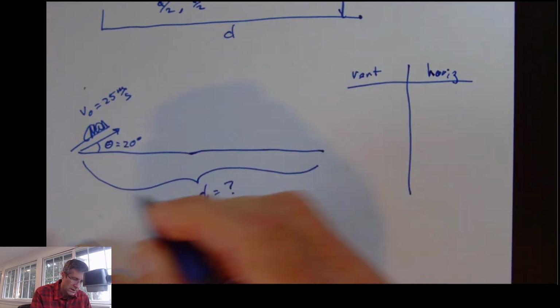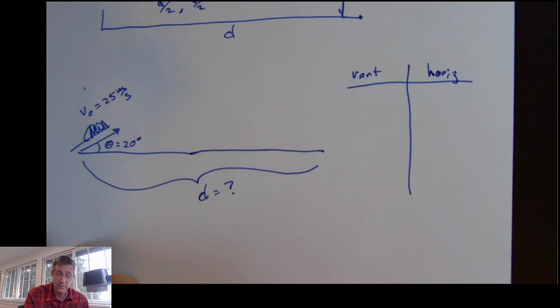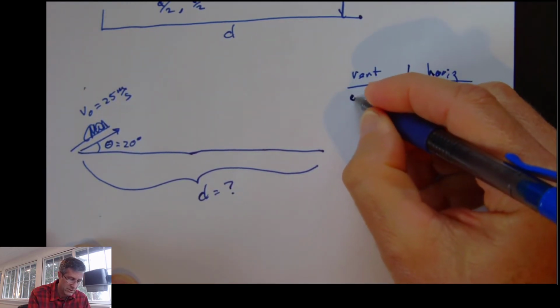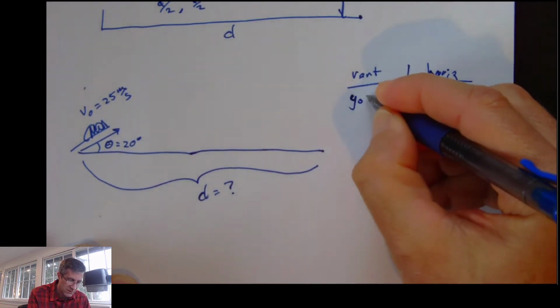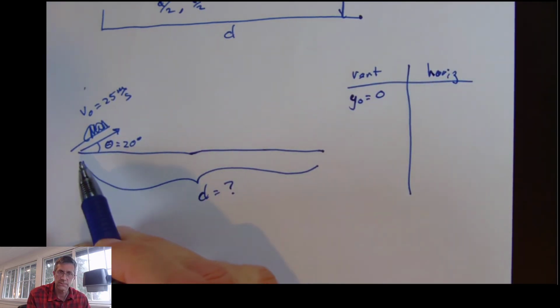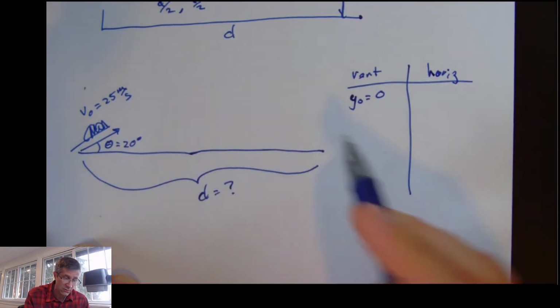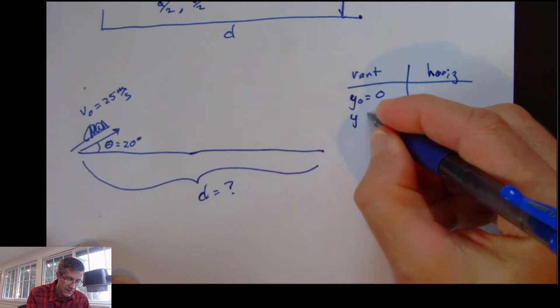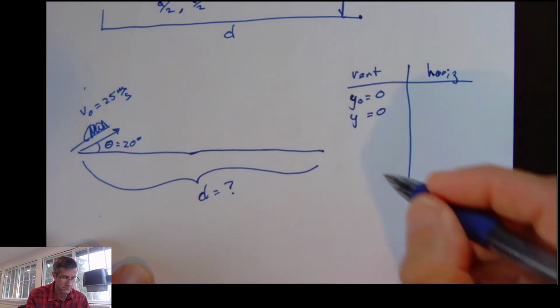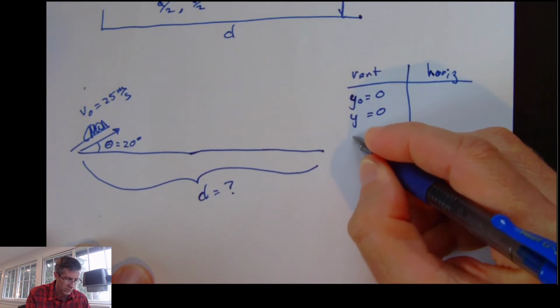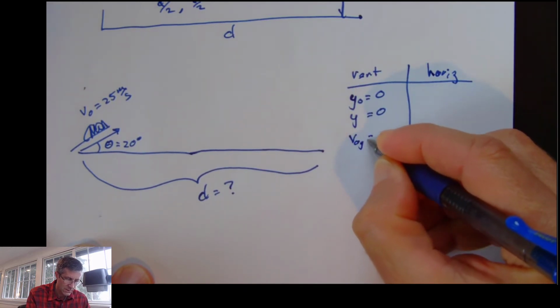For my vertical dimension, I'm going to use y. My starting position is going to be 0, and when it comes back down, my ending position is also going to be 0. What else do I know about this? It has initial velocity in the y direction.